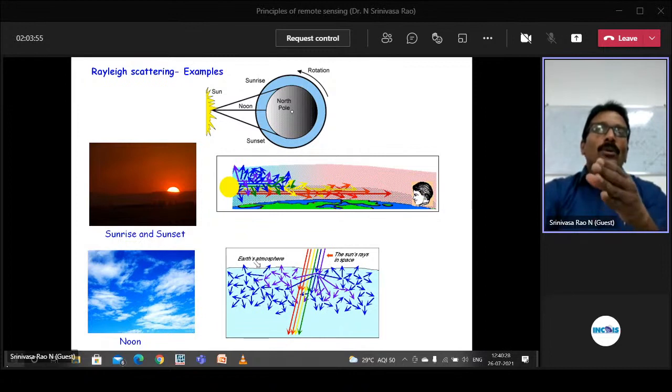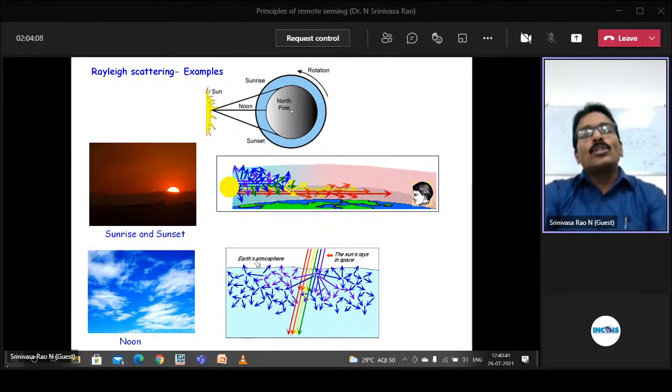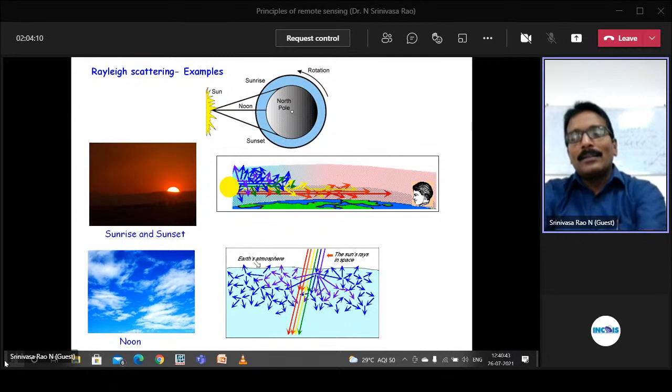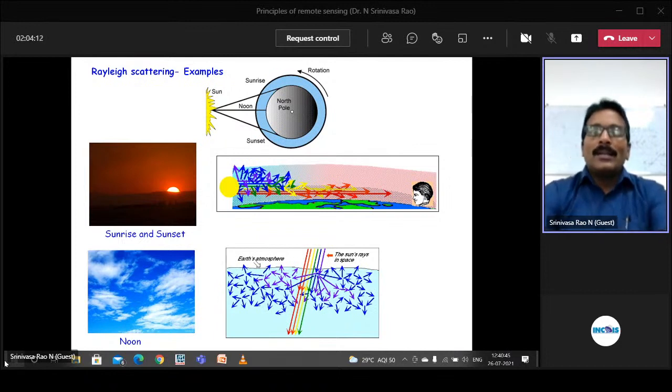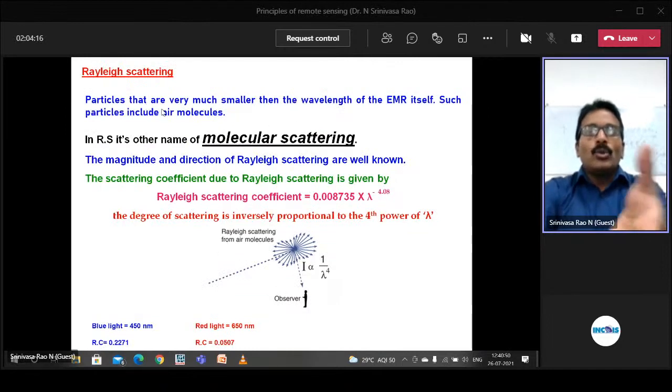How much energy are we going to eliminate from the original signal? We should know how much the atmosphere is contributing. To quantify that atmospheric noise, we should know these scattering phenomena. That's why I am explaining that Rayleigh scattering is due to air molecules, and straight away we can quantify it.